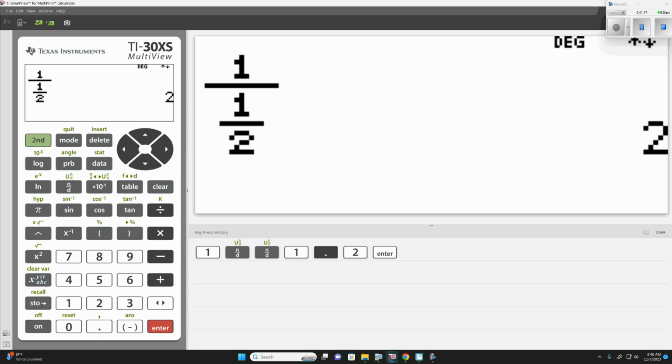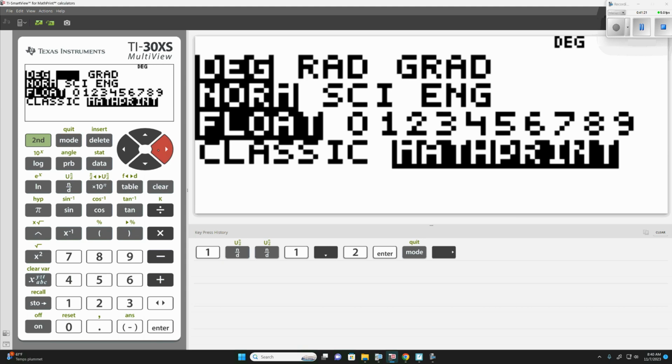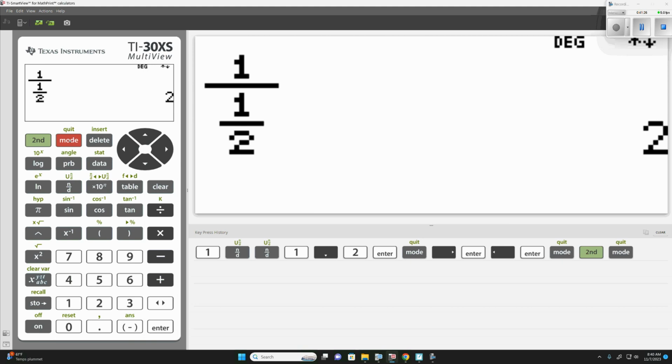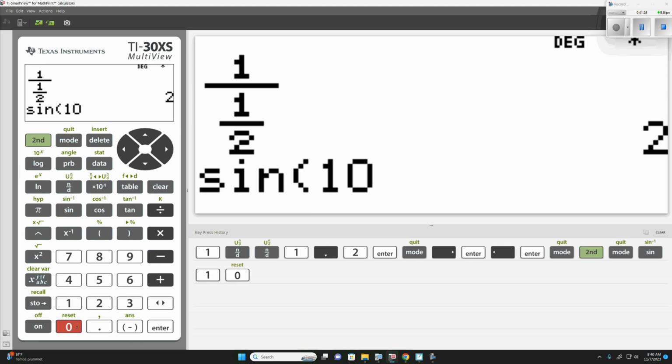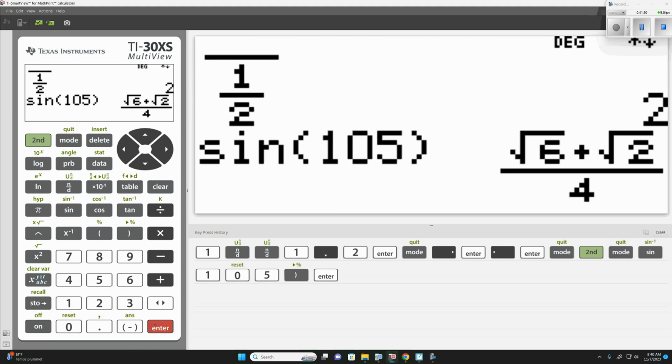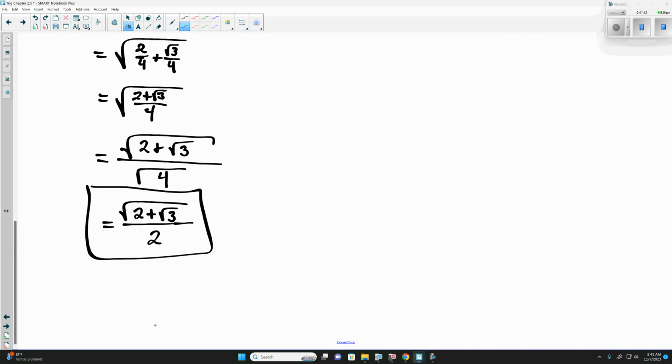Now, one thing that is interesting, mode. Actually, degrees is what we need. Second quit. Sine of 105 is this here. There is a way to get from that to here. It's a puzzle I've attempted a few times to try to figure out, but either of these are the exact same value.